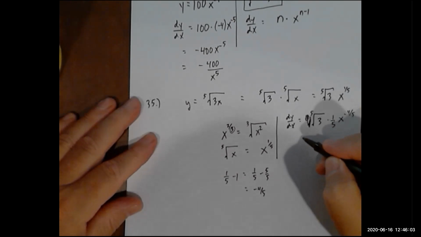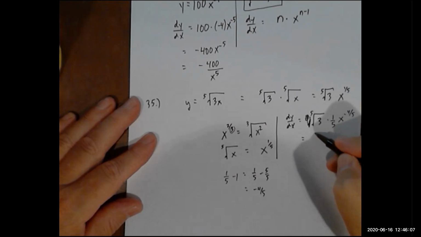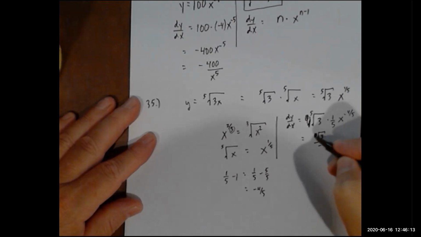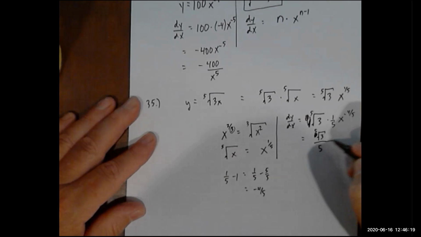So this is really messy looking, but basically, sometimes with MyMathLab, you never know quite how they want it entered. This is like a fifth root. Make sure it's clear. I'm going to take this x to the negative 4/5 and bring it to the bottom.